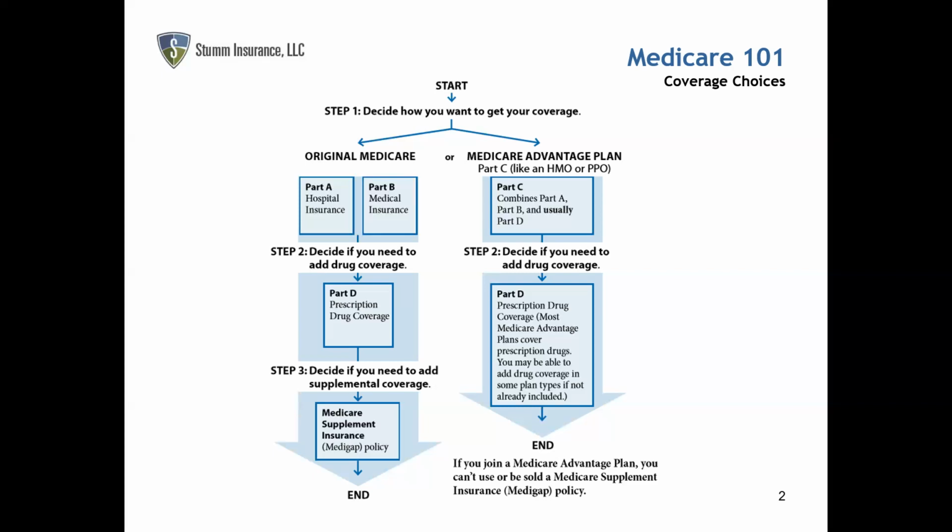But there's a lot of confusion because when you go to Jewel Osco to pick up your prescriptions, and they all of a sudden give you a different amount for the same exact thing you purchased the month before, it's because Medicare changes what the cost structure is depending on where you fall in the chart. And that's a whole other presentation, but that gives you the high level overview of the drug plans.